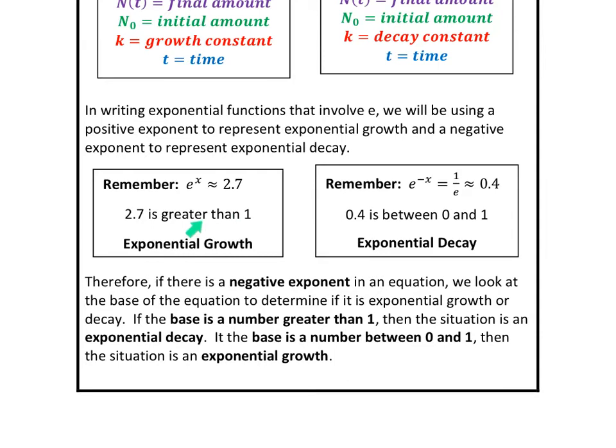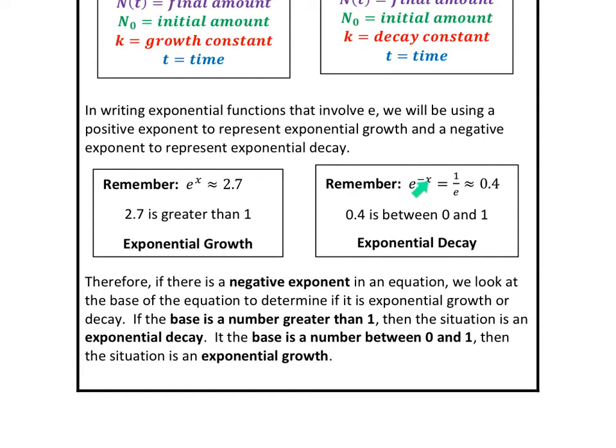And so this correlates with the last lesson, that if the base is greater than 1, then we have growth, right? Here, if you notice, the exponent is negative, so we're going to have exponential decay.